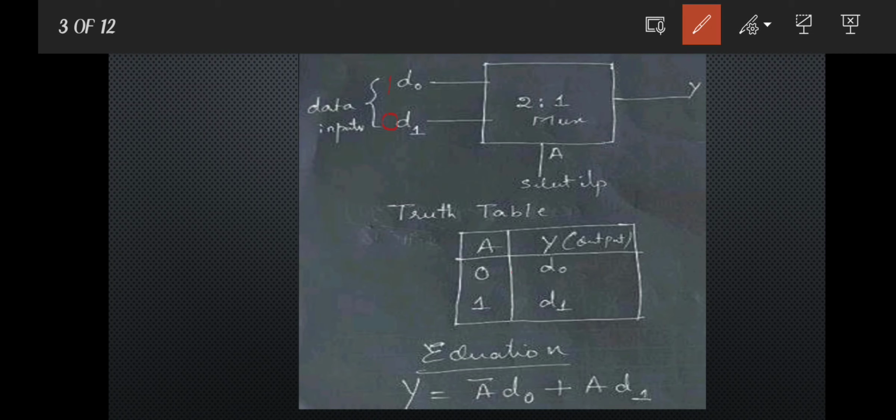So as per this expression, the output y is equal to a bar dot 1 plus a dot 0. The output y is equal to a bar. In this way we can implement the NOT gate using this 2:1 multiplexer.